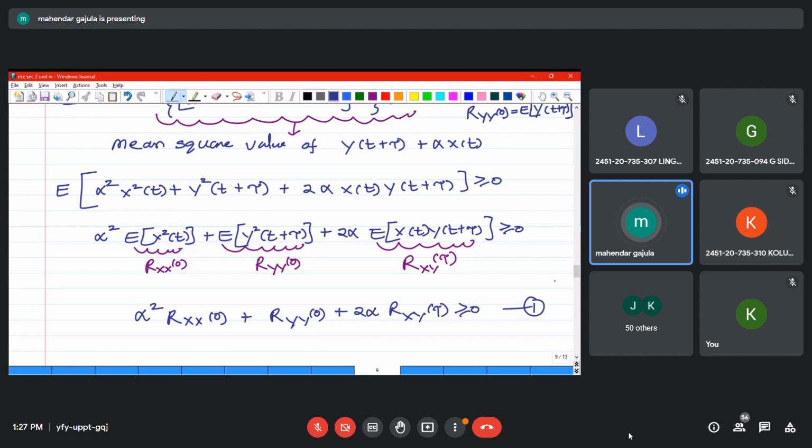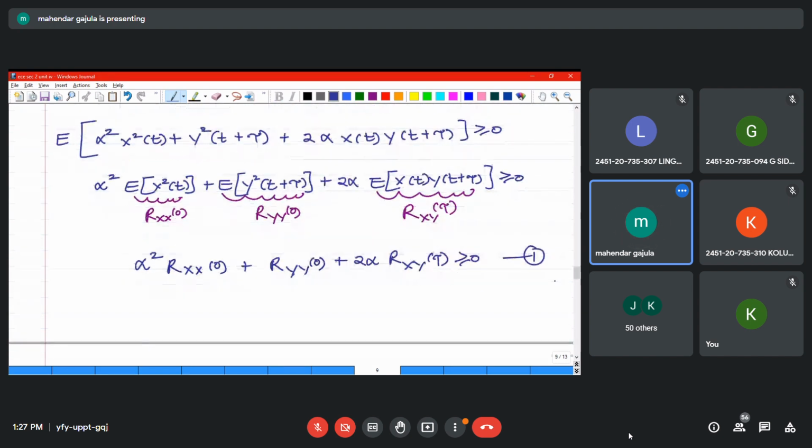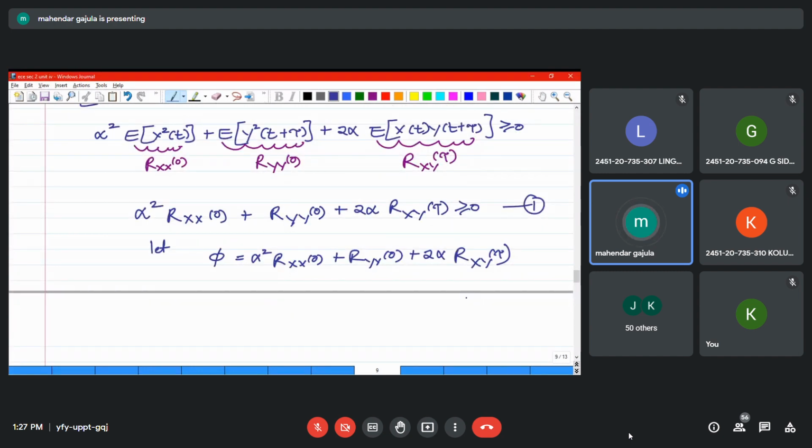Let us say equation 1. Now let phi equal alpha square Rxx 0 plus Ryy 0 plus 2 alpha Rxy tau. Now I would like to find at what value of alpha phi gets 0.